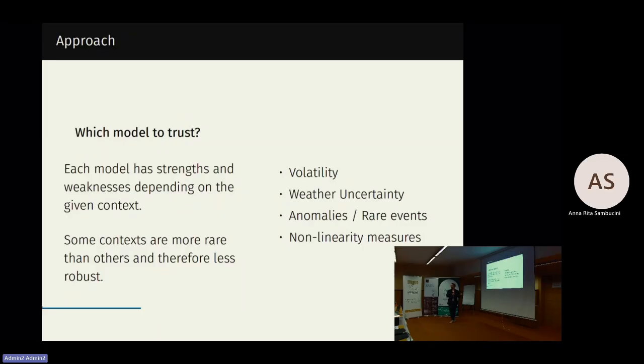Based on the limited data and context that we can learn on, certain occurrences such as anomalies are less frequent than, let's say, weather uncertainty regions, right? So you cannot really robustly test how a model responds to anomalies. So the idea was to give these anomalies less weight, or to be more considerate about these features.